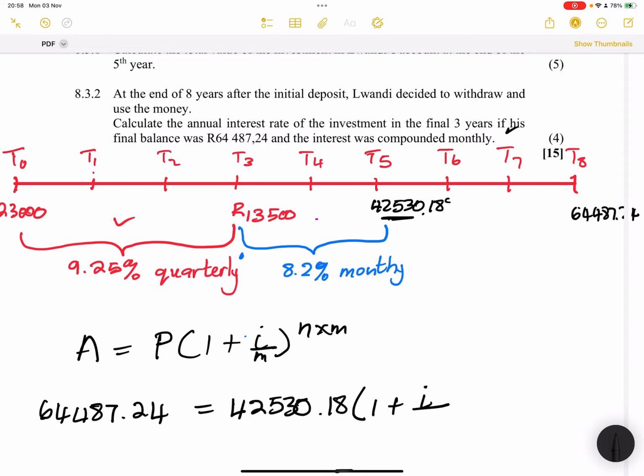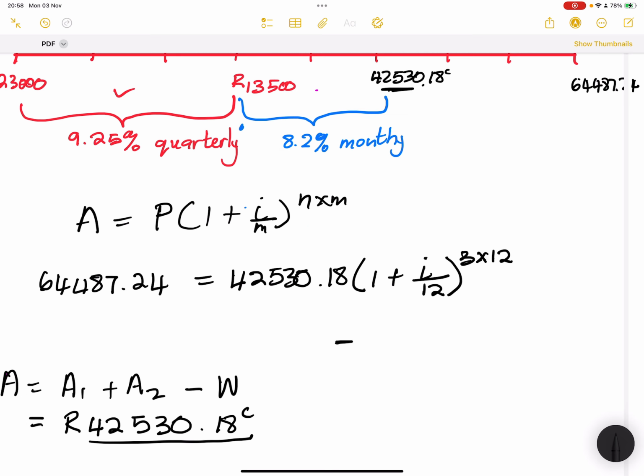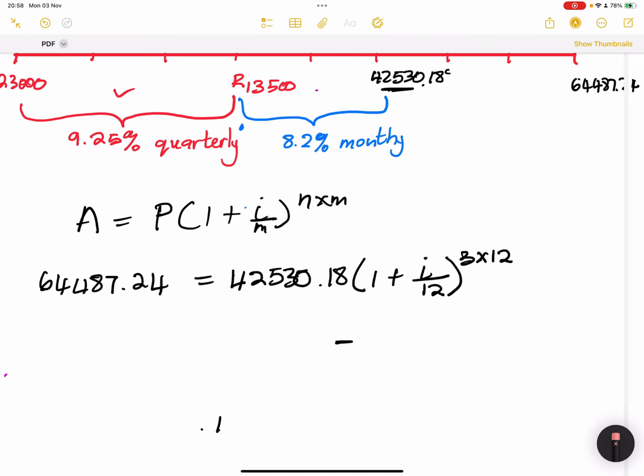So that's i divided by 12, since it was compounded monthly. And in terms of our period, we've got 3 years, but in this case, we are compounding on a monthly basis. Now let's do some gymnastics on our calculators.